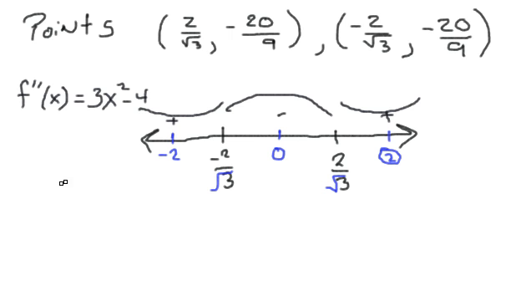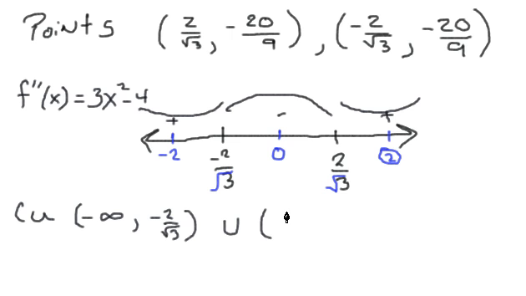So now we got our concavity, so we can say concave up from negative infinity up to negative 2 over the square root of 3. Now we also have another one. We can say union, or whatever, comma. I've just put a union because we're joining both these sets together.